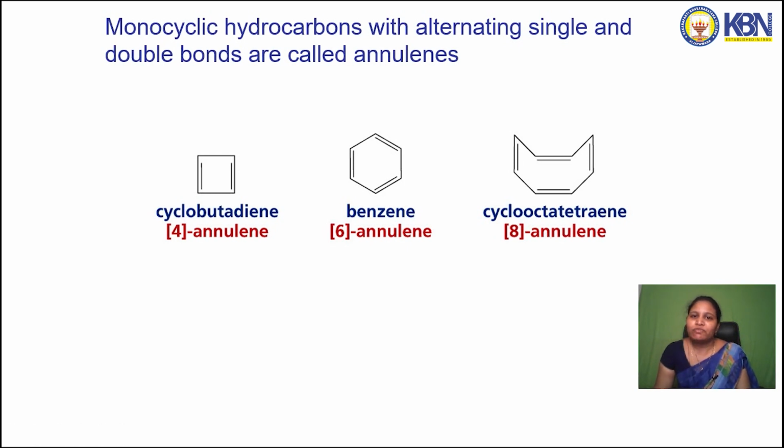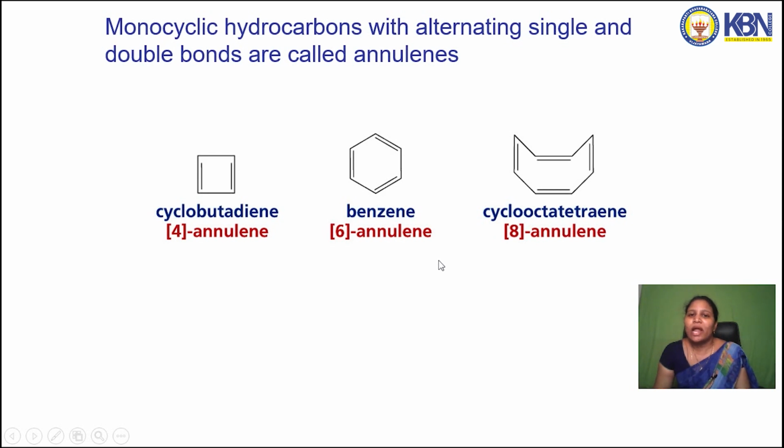But to satisfy aromaticity, it should contain an odd number of pairs of electrons. Benzene contains 3 pairs of electrons, which is an odd number. Hence it satisfies aromaticity, so it is an aromatic compound.